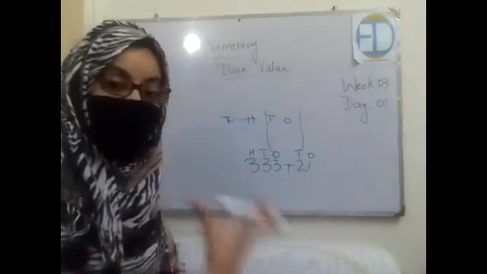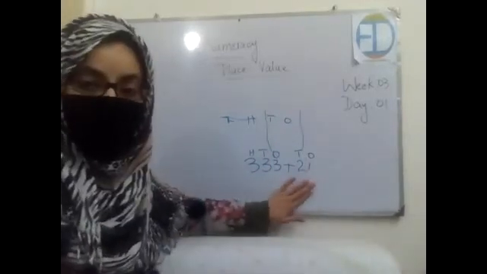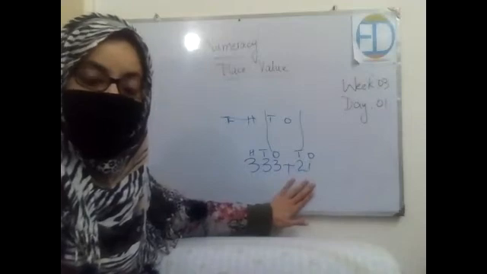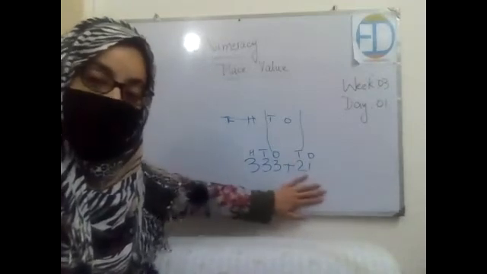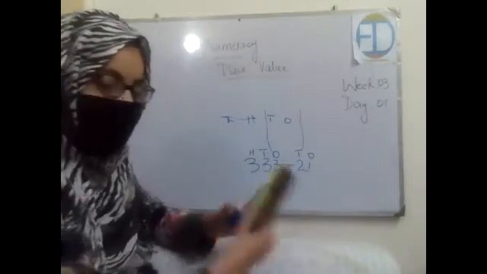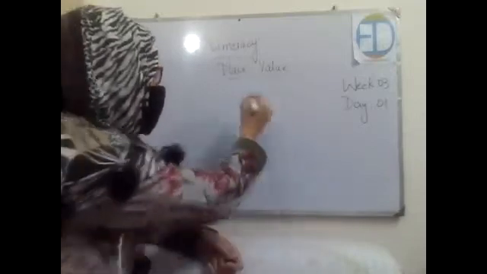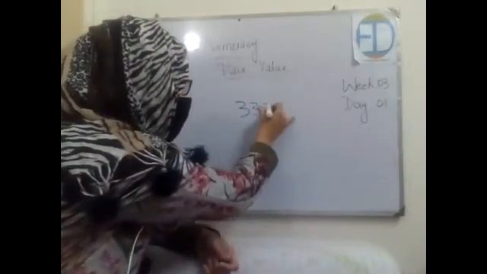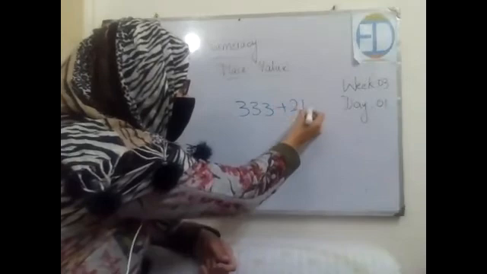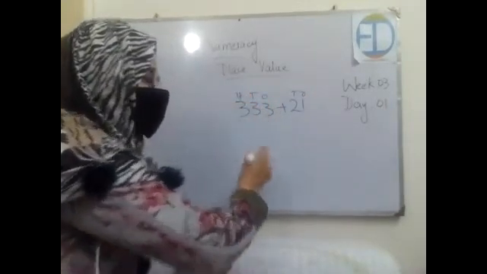Now, if you do not know that we are supposed to write the numbers according to this manner, and place the numbers one above the other in the same order, you can make a mistake. Let's say the numbers are 333 plus 21, and I tell you this is ones, tens, and hundreds, and I ask you to add this.